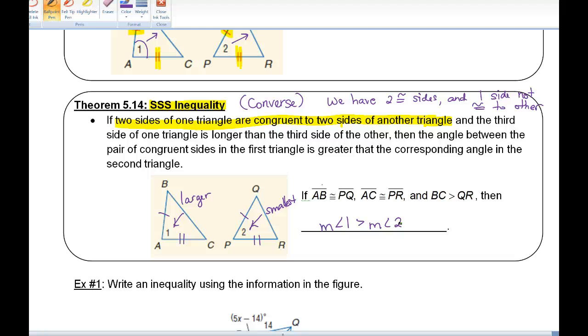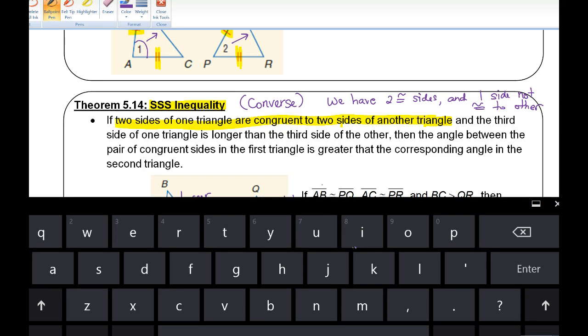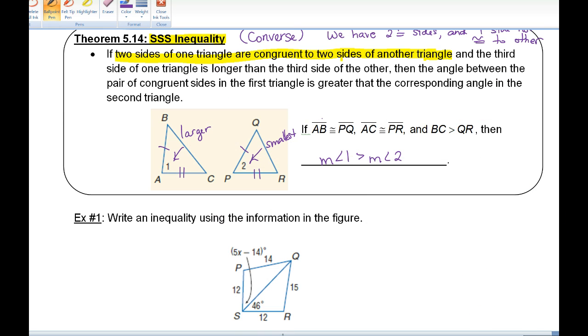But because it's in reference to a triangle, even though angle 2 is smaller than angle 1, we want to make sure that our angles have to be greater than 0 degrees and less than 180 degrees, okay?